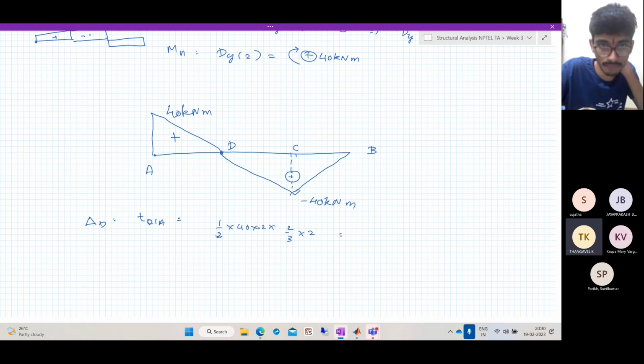So that turns out to be 160 by 3 EI for a displacement of the point D.